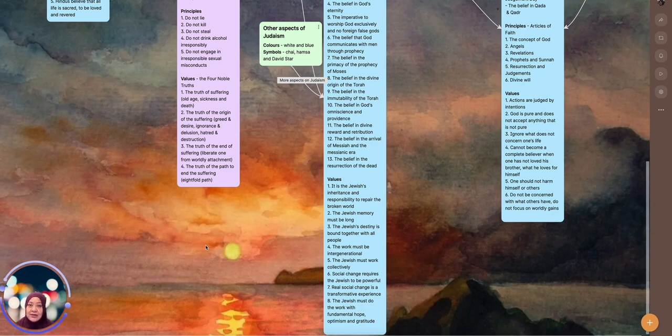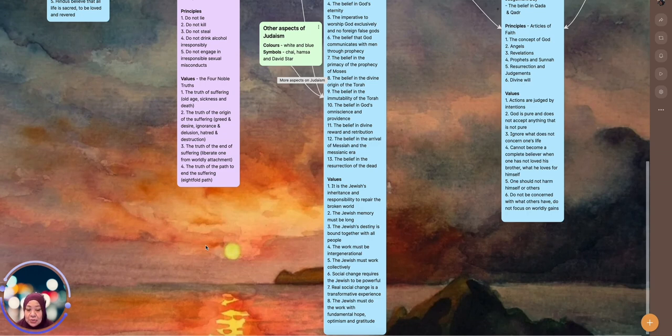Next, number 7, real social change is a transformative experience. So it's not just a mere or a normal experience, it is a transformative one. That means transformative is something that brings betterment or better things or goodness, more effective things.